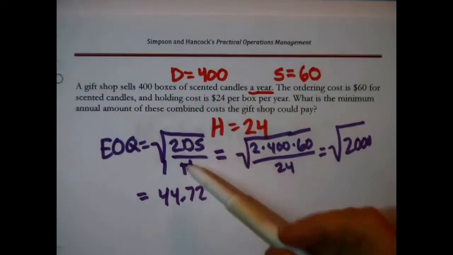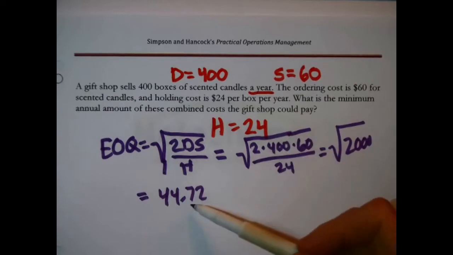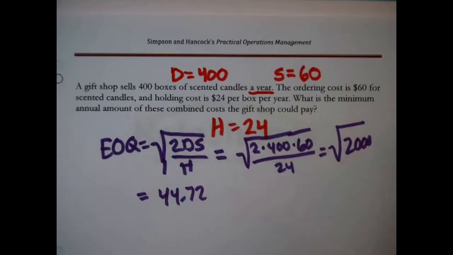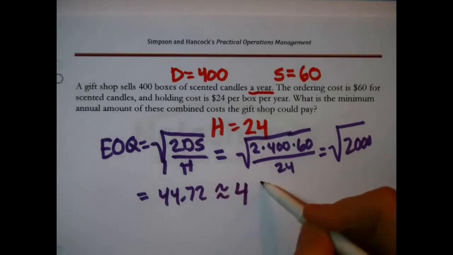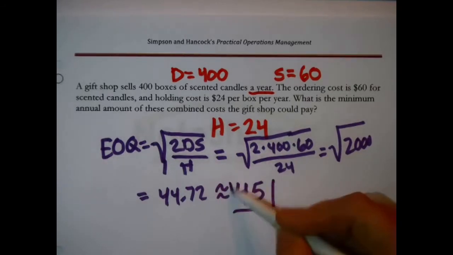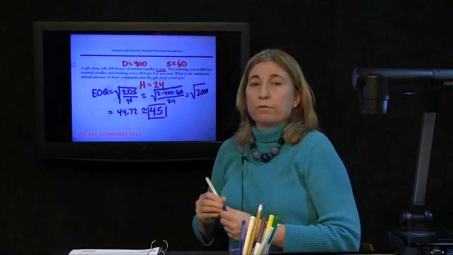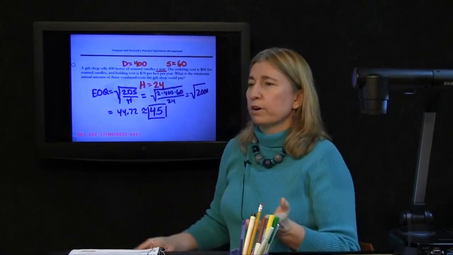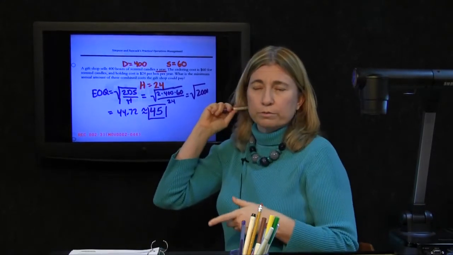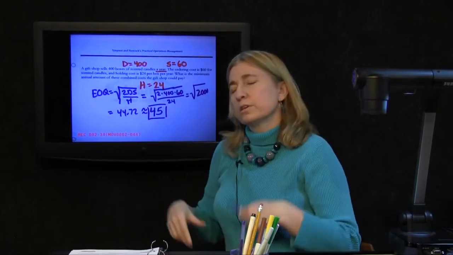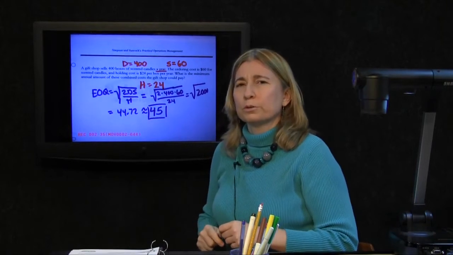It's got to be a number of boxes of scented candles, and there's no such thing as 0.72 boxes. So, fair enough. The absolute perfect order size, the EOQ, for this gift shop would be 45 boxes of scented candles. When you need scented candles, always order 45 boxes. Why? Because that will minimize your combined ordering and holding costs.